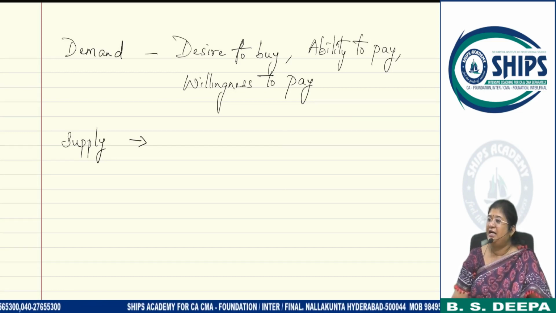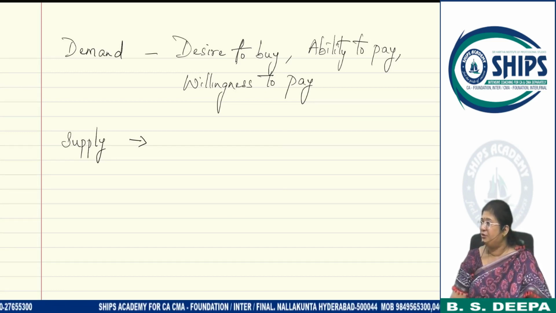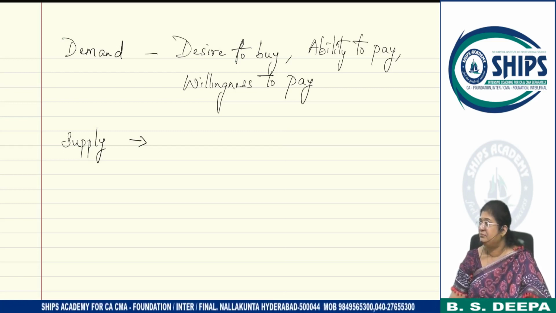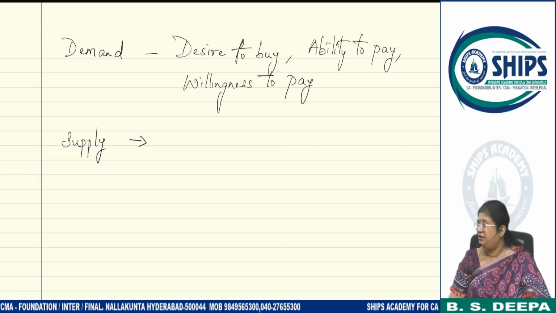Let us say that I have about 100 kgs of tomatoes in my godown. Today the price of tomatoes is 10 rupees per kg. Tomorrow I am expecting the price to rise to 30 rupees per kg.